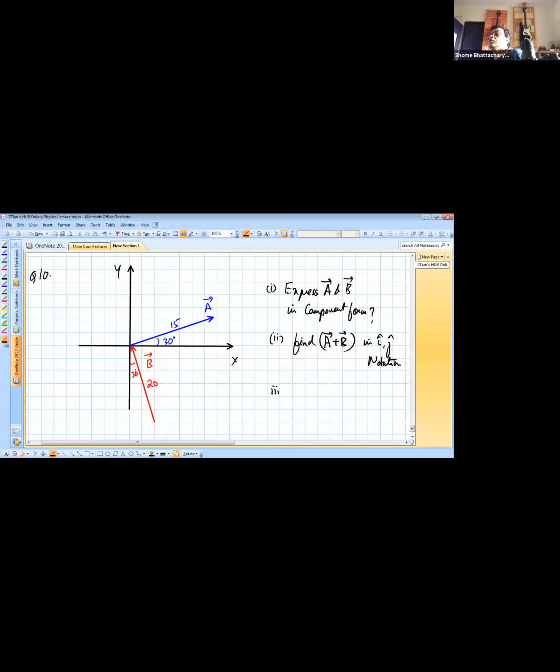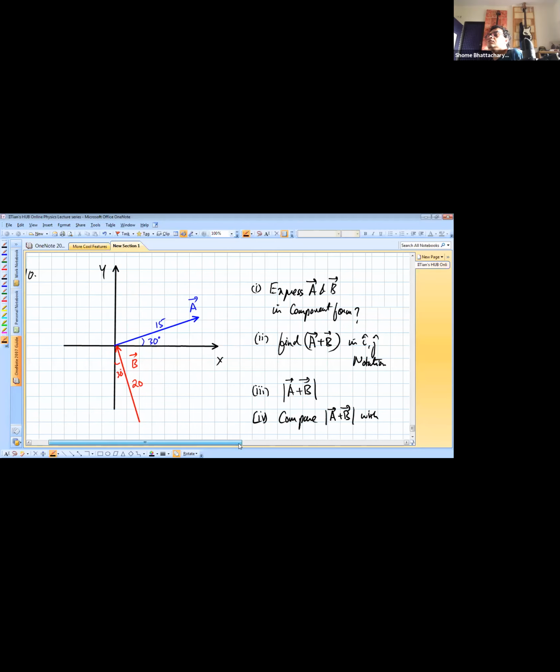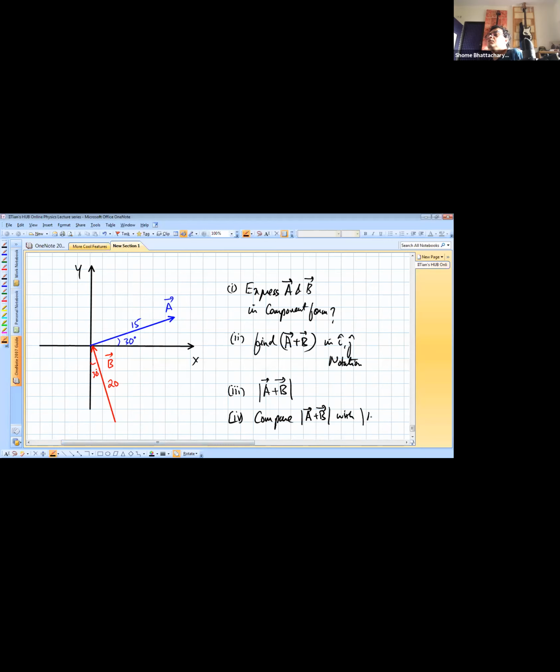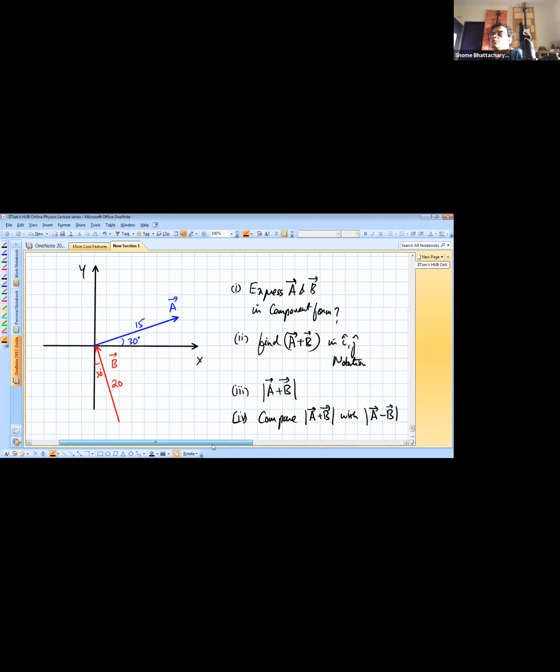Third part, find the magnitude of A plus B. And fourth part, compare the magnitude of the sum with the magnitude of the difference. So you have to just tell which one will be larger, which one will be shorter, etc. So just try this question out.